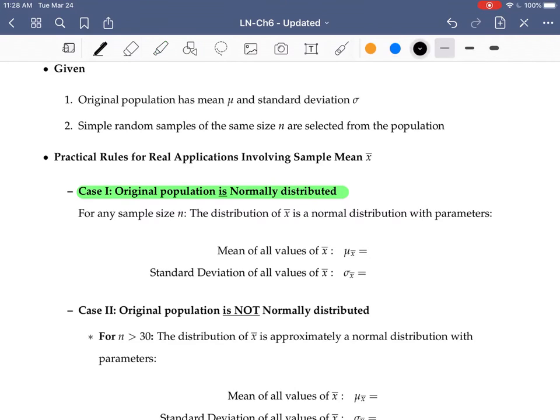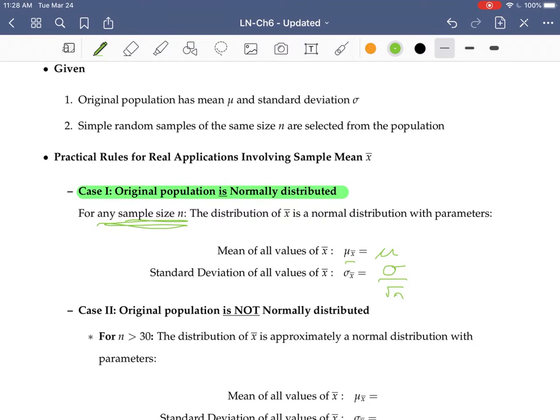When it is normally distributed, then it doesn't matter what sample size we choose, for any sample size, the distribution of the means is a normal distribution with parameters where the mean of the means is equal to mu, the mean of the individuals, and the standard deviation of the means is the standard deviation of the individuals divided by the square root of the sample size, right? So how are those means distributed when you consider every single mean of size n? And so that is the standard deviation there.